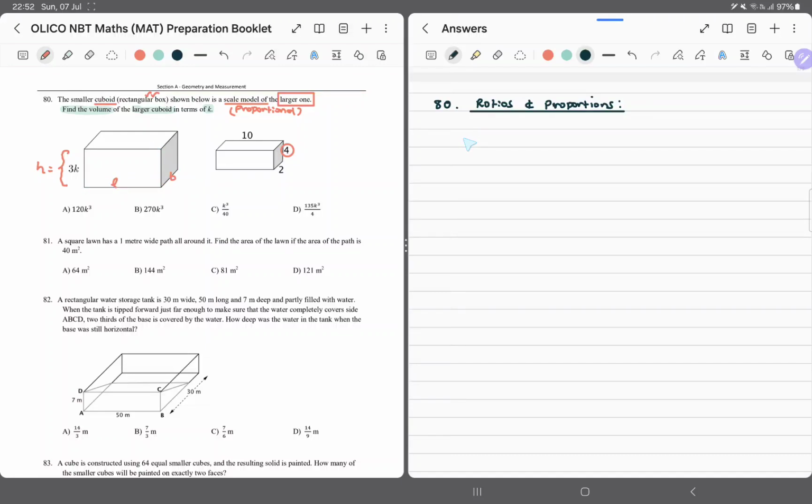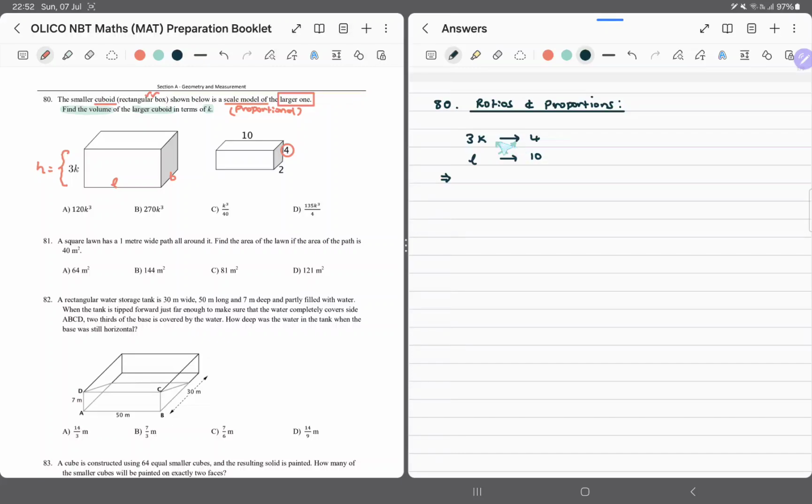So we need to find these. So let's go. We know that essentially 3K is to 4 units, right? So now we want to know that L is to what? The length gives us 10. So once we get to this level, we just do cross multiplication to create an equation. So from ratios and proportion, we can work out an equation.